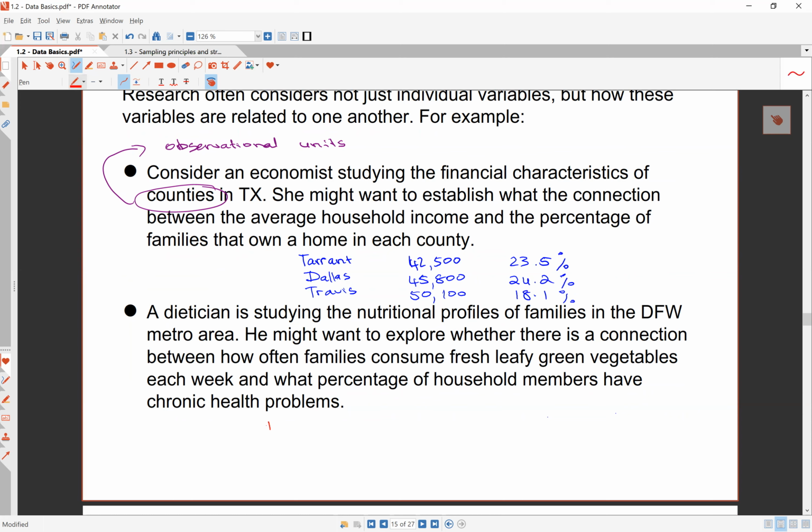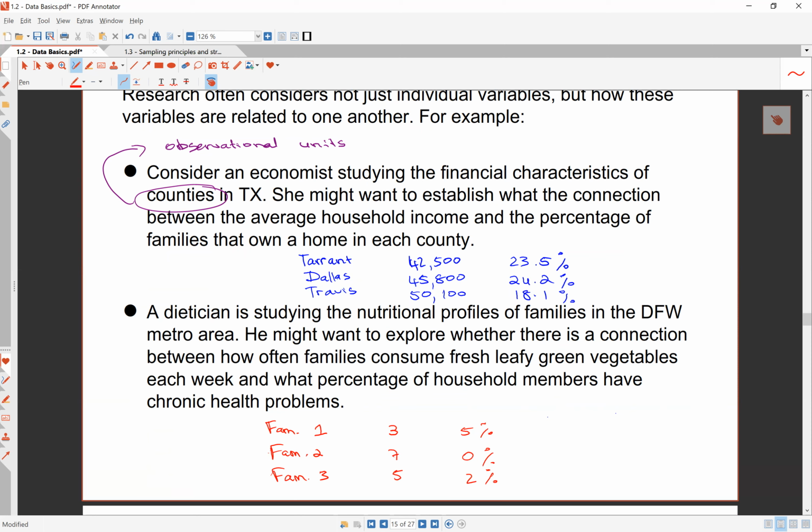So here we might have family one, they eat leafy greens 3 times a week. 5% of people in the household have chronic health problems. We look at family two, they eat leafy greens 7 times a week. Nobody in the household has chronic health problems. Family three, they eat leafy green vegetables 5 times a week. 2% of people in that household have chronic health problems.